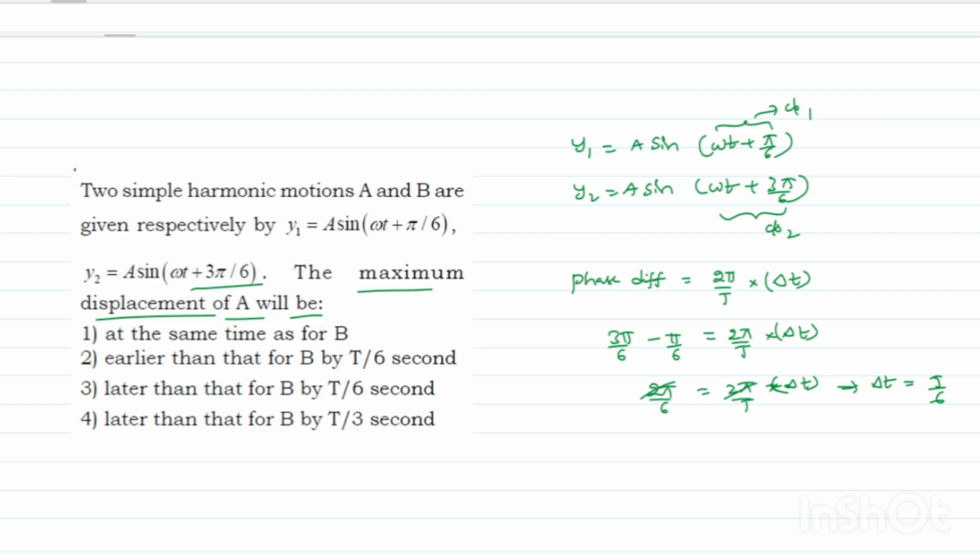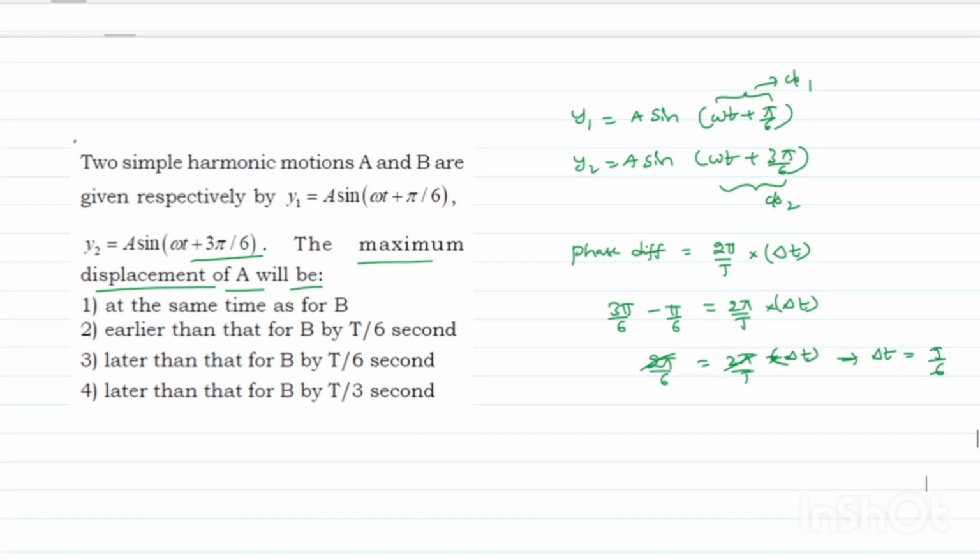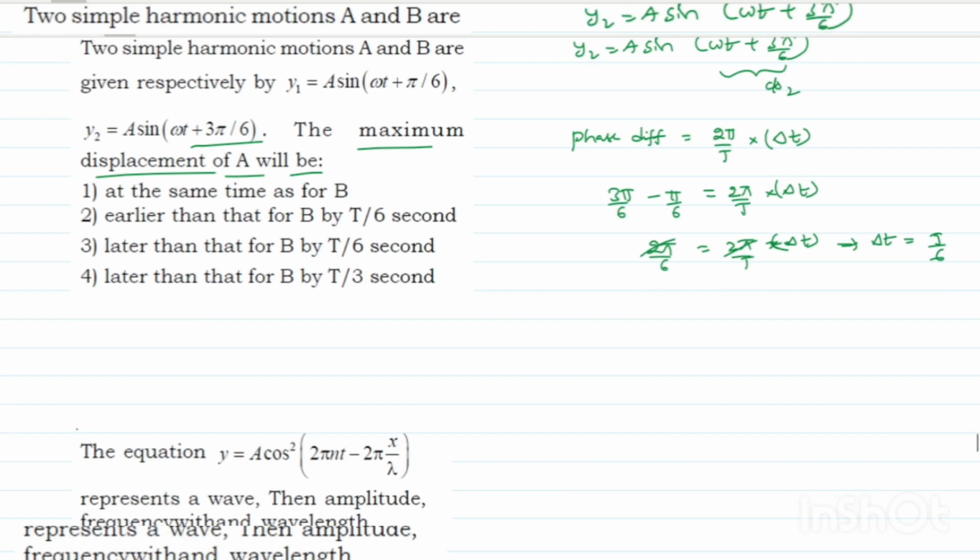Initially, at time t equal to 0, where is the particle located? Let us take two particles while they are moving here.